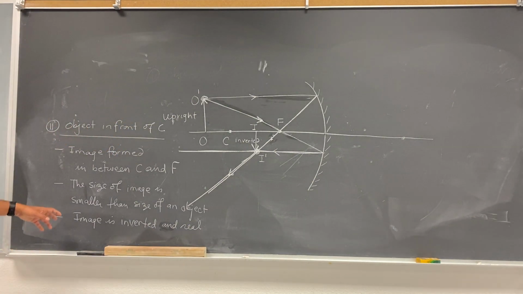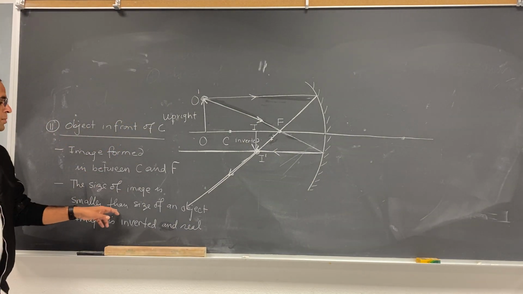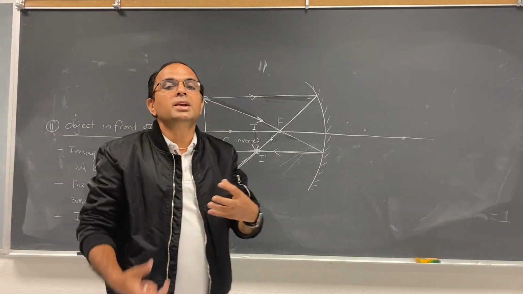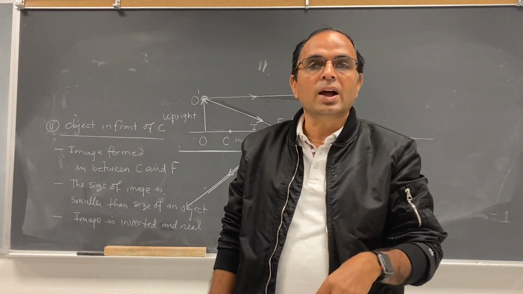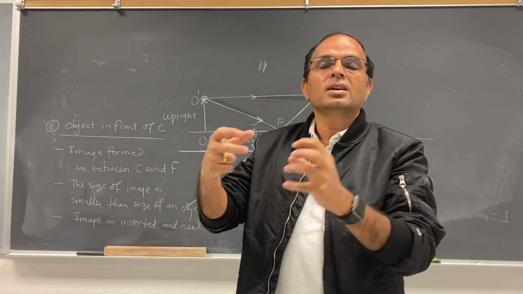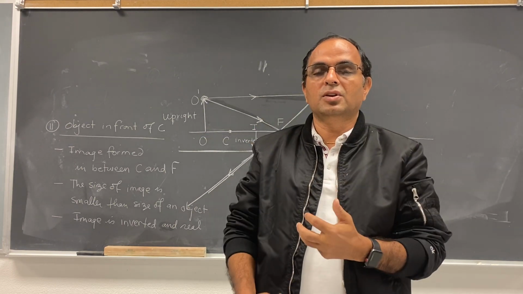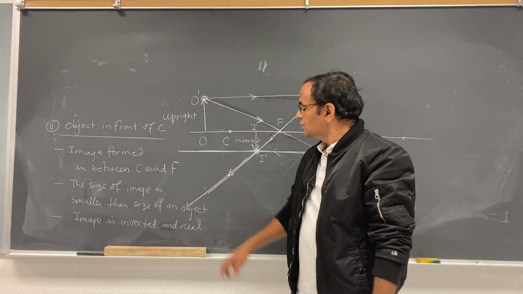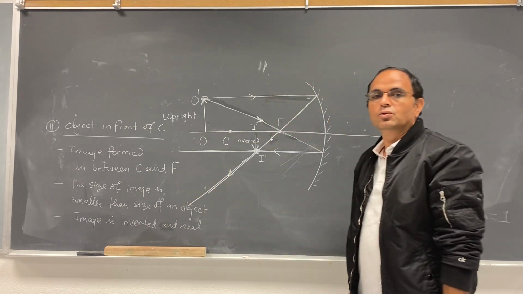So what happened here? The size of the image is smaller than the size of the object. That means the magnification is less than 1. Your size of the object is bigger than size of the image. Therefore, the magnification is less than 1 here. So these are the basic points you need to know.